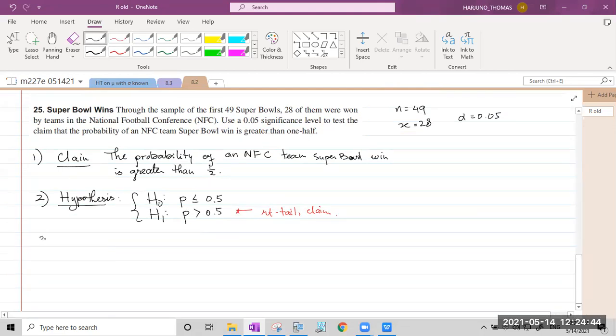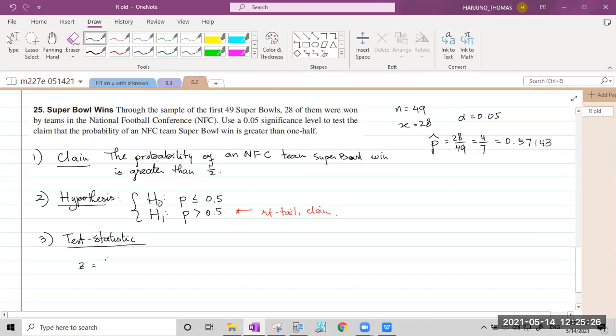Step 3, test statistic. Z is equal to P hat minus P. Oh, what is my P hat? P hat will be 28 over 49. That's 4 over 7, which is 0.57143.